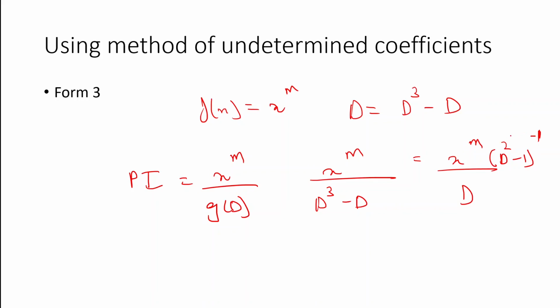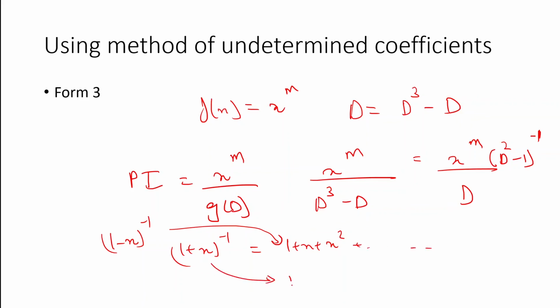We can use binomial expansion. In binomial expansion, I'm pretty sure everyone is familiar with what it means. 1 minus x to the power minus 1, 1 plus x to the power minus 1. So this is equal to 1 plus x plus x square, up till infinity. And 1 plus x to the power minus 1 is 1 minus x plus x square minus x cube, up till infinity.